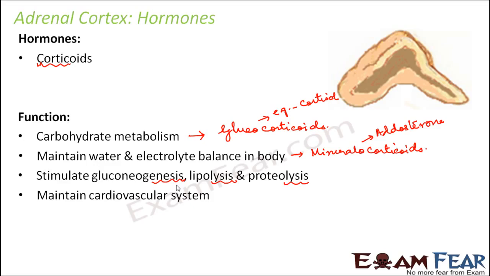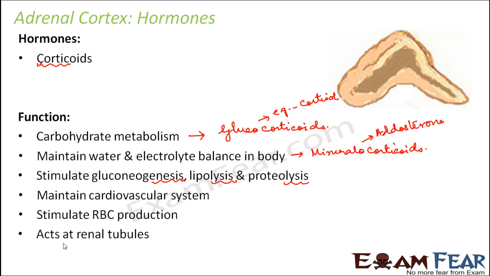They all refer to the cardiovascular system. Which type of corticoids help to maintain the cardiovascular system? It is basically the cortisols. Stimulate RBC production, that is, it helps to produce more and more RBCs. So cortisols also participate in stimulating the production of more and more RBCs.